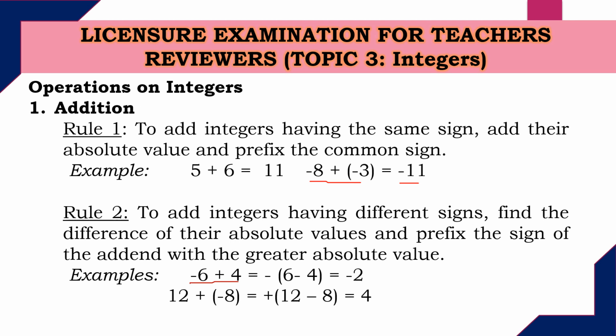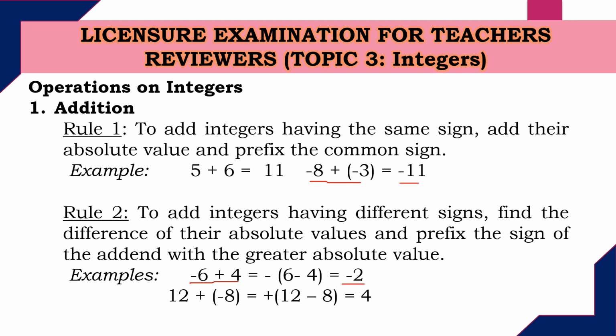So, negative 6 and 4, and their absolute values are 6 and 4 respectively. Now, let us find the difference. 6 minus 4, that is 2. And then, let us prefix the sign of the addend with greater absolute value, and that is 6. So, that is negative 2.